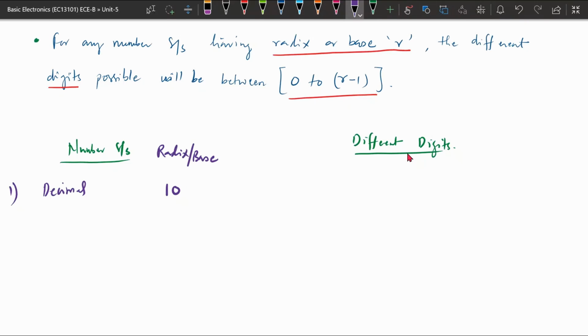So the different digits are 0, 1, 2, 3, 4, 5, 6, 7, 8, and 9.